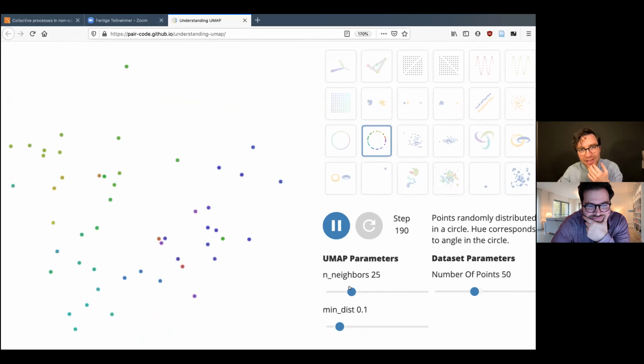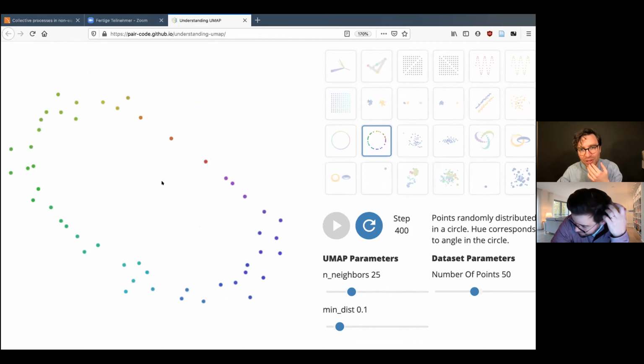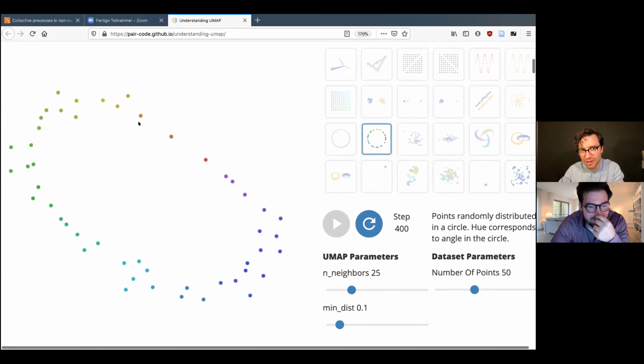You can see that there is kind of an optimum for the number of neighbors, which allows you to actually capture the circular topology, the hole in the middle. But if you go too big, you start to lose the information about the order of these dots, these measurements.